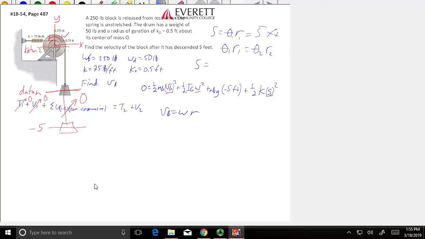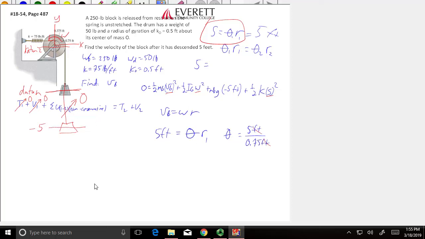Exactly. We do our old arc length trick, right? So as that string starts pulling down 5 feet, that is really just tracing the arc length of the drum. So how big of an arc length have we gone? Well, 5 feet. So we say arc length, s equals theta r. So we'll just say 5 feet equals theta times r1. So theta is going to be equal to 5 feet over r1, which is 0.75 feet.